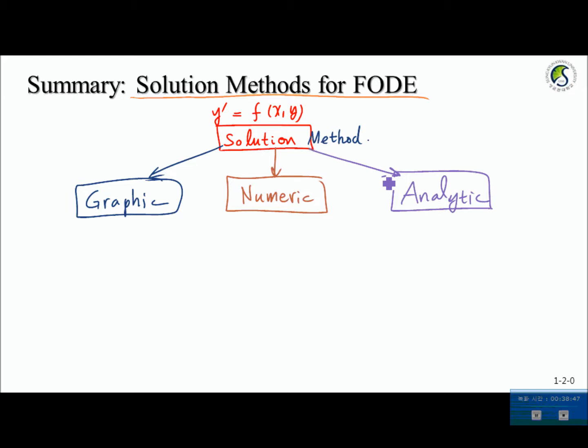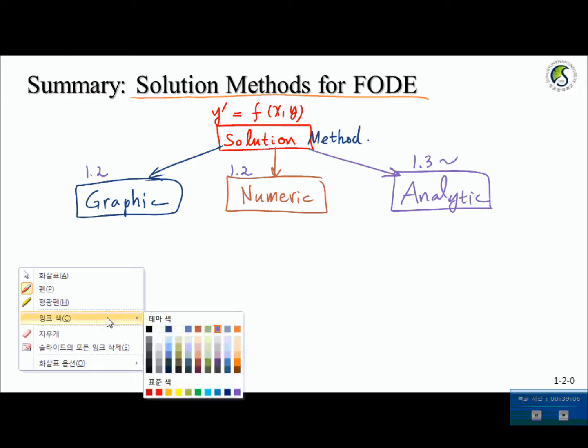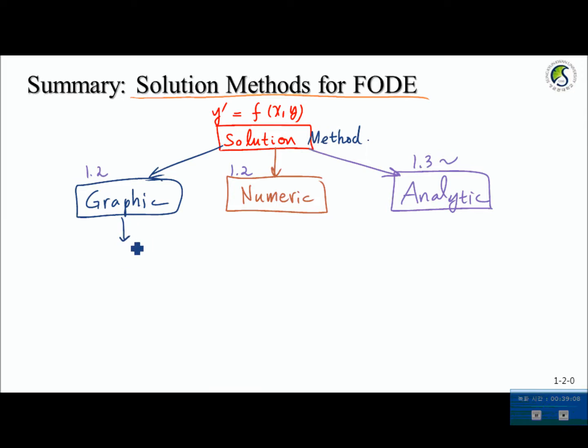So graphic and numeric, that's section 1.2. And analytic, that's from section 1.3 to the rest. So the first graphic method, we call it direction fields.